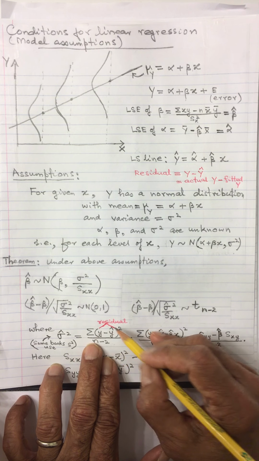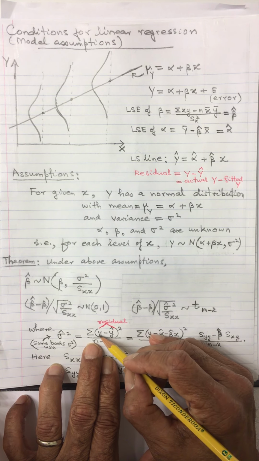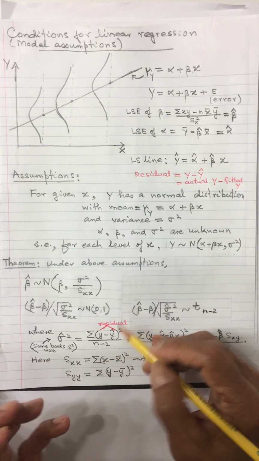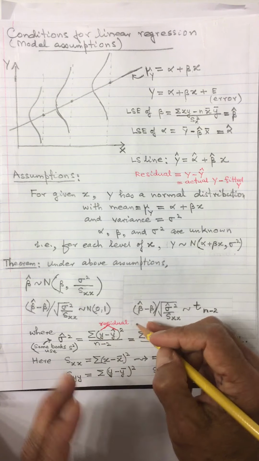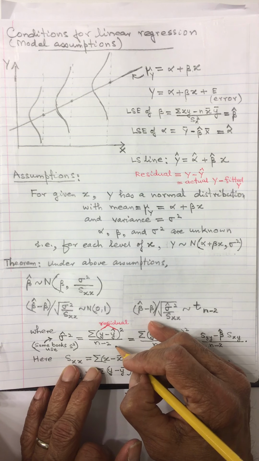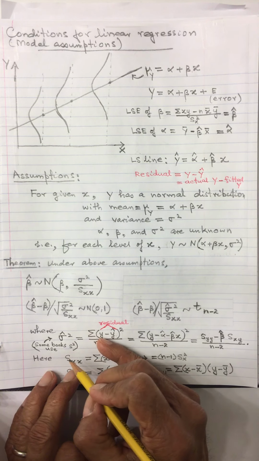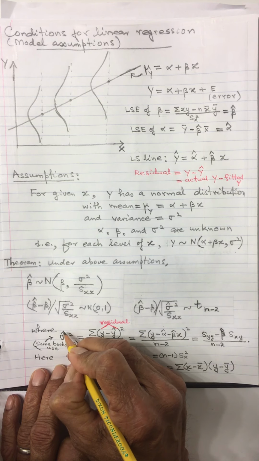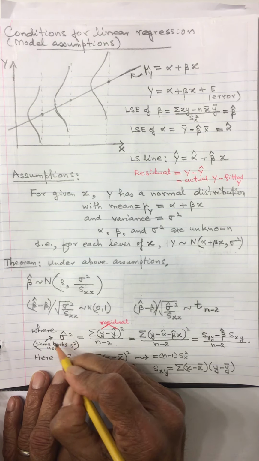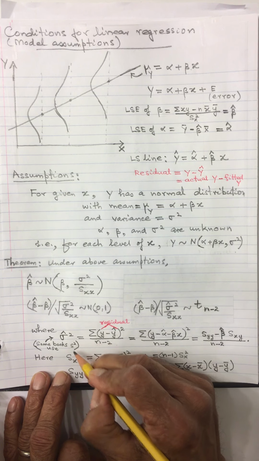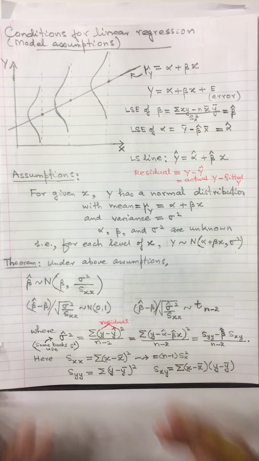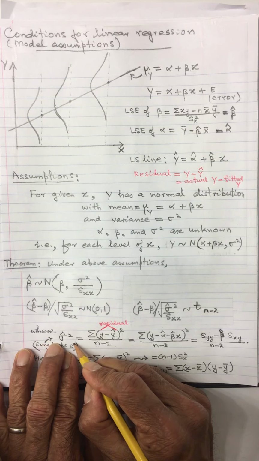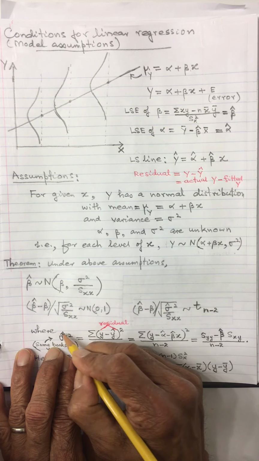In other words, this is the error: the actual value minus the fitted value, and when you square them and add them up and divide by n minus 2, in your book it is denoted by simple s squared. I'm going to use this same hat notation, because it's the estimate for that. So this is the estimate, or if you want, you can use the simple s squared. Whether you use the simple s squared or that sigma hat, it is the same thing.